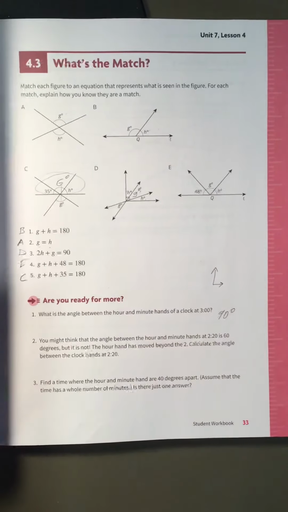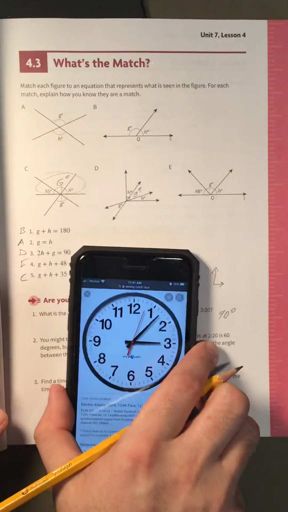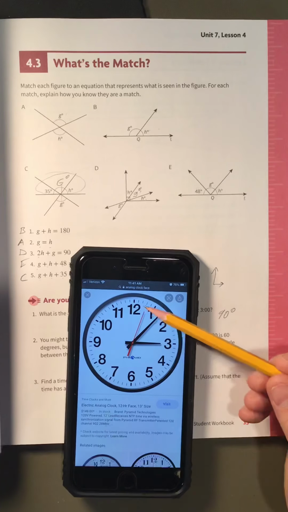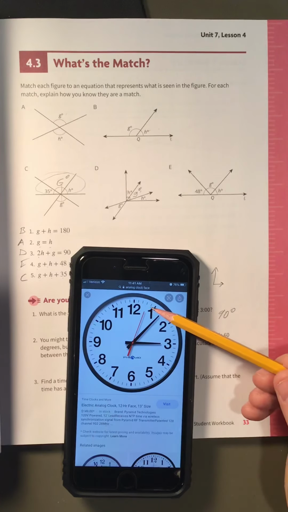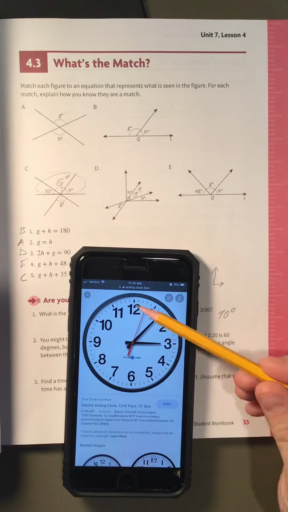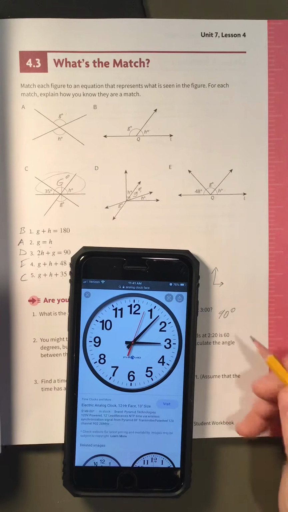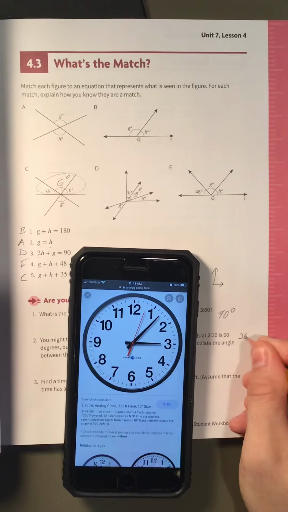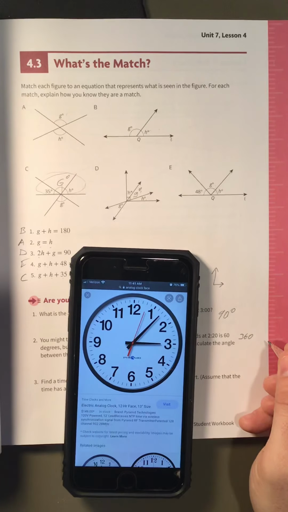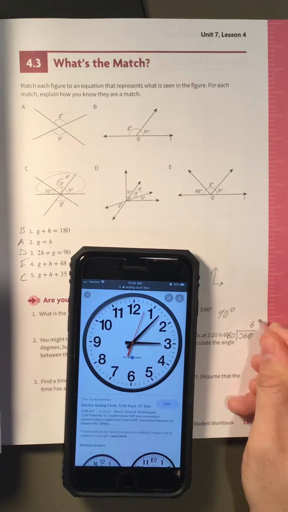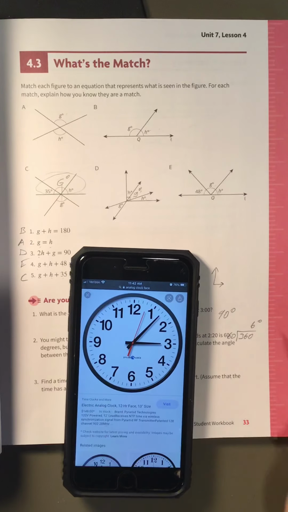One other thing I want to make note of, if you look at an analog clock, the little marks represent the minutes, so how many minutes would go around the clock? That would be 60. So a full circle would be 360 degrees. And if I divide it by 60, that means each little mark represents 6 degrees.